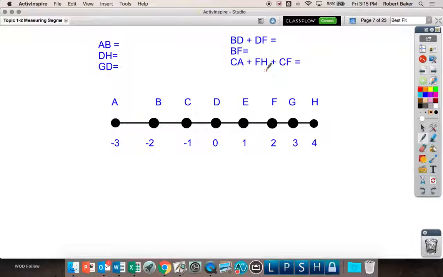Oh, it's gonna work. Right here. 1. Sorry, 1.